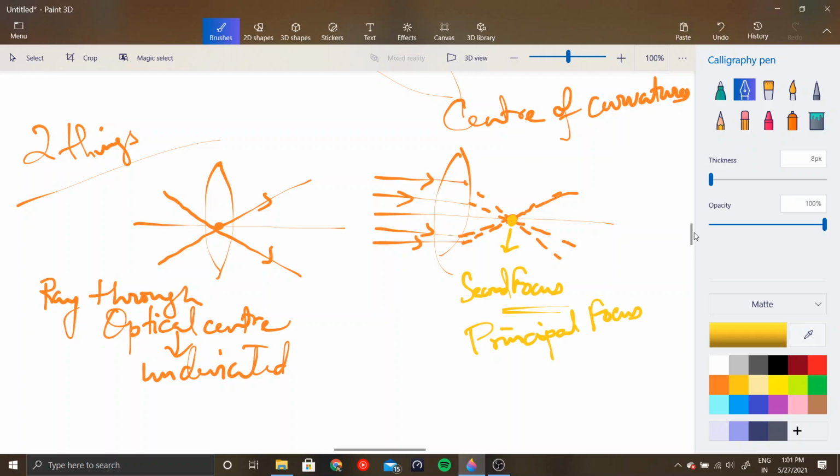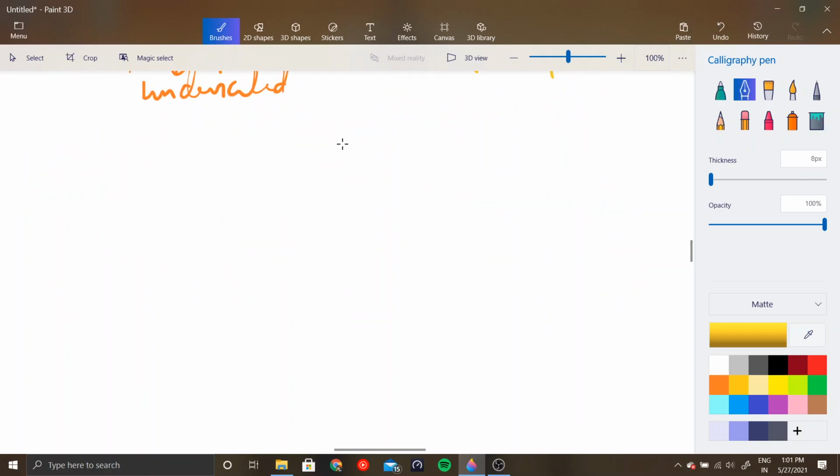See, you have a lens. This is your optical center, and these are your centers of curvature. In between the optical center and the center of curvature is your focus. You call this F2.